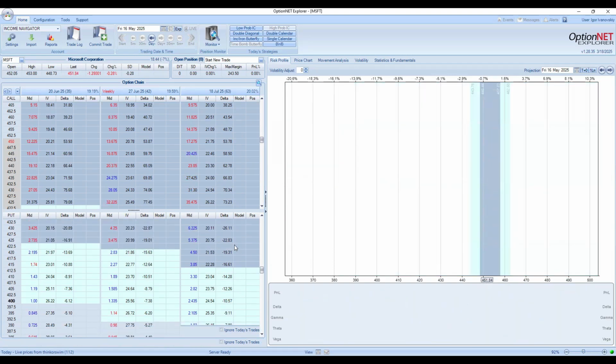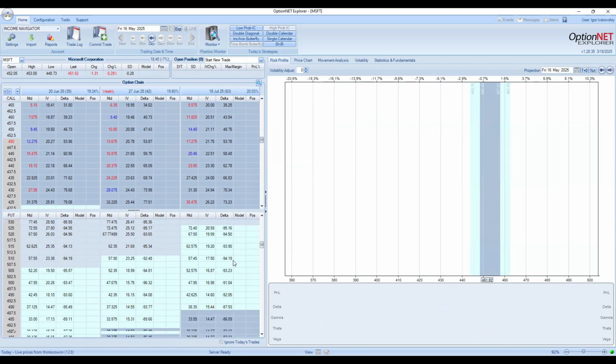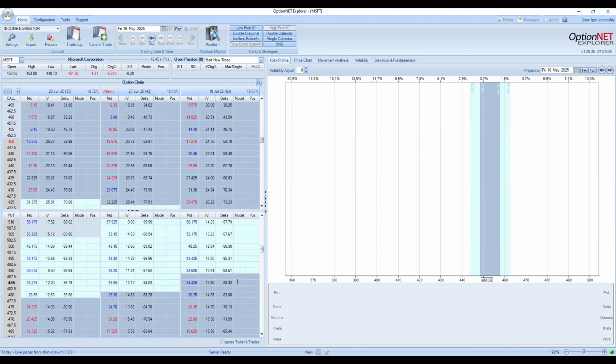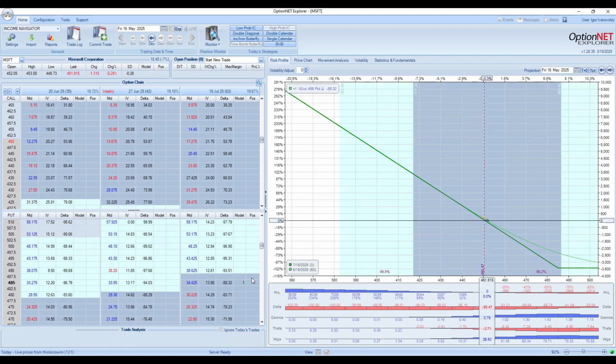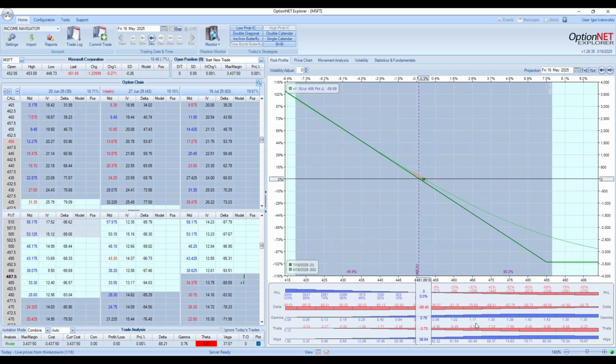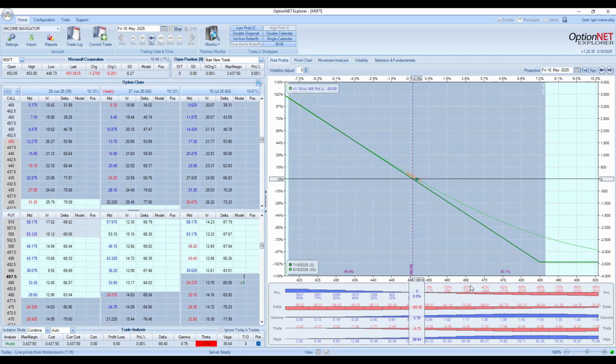Like if you go in the money on the put, let's say you buy a 485, which is a delta 88, you get minus 88 delta on your position. This is equivalent to being short 88 shares of Microsoft. It's just probably a cheaper and more cash efficient way to get short the underlying, by going in the money on the puts.